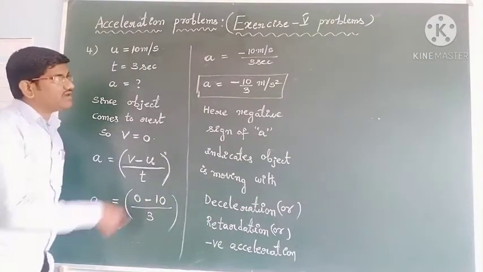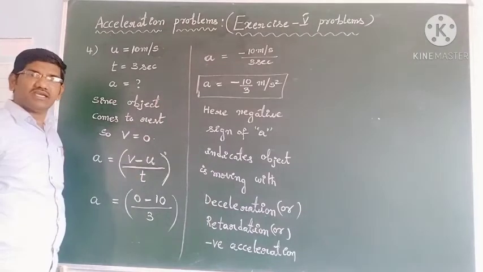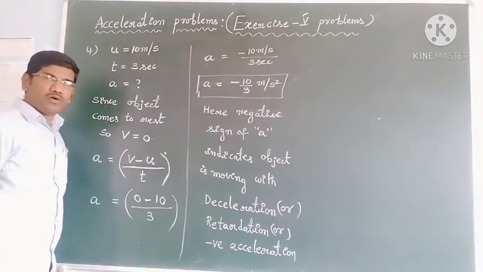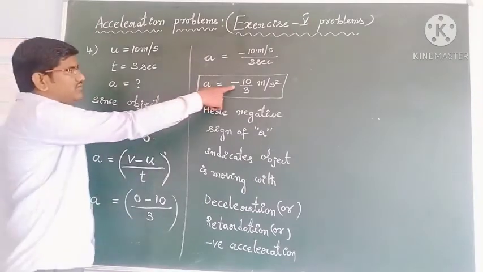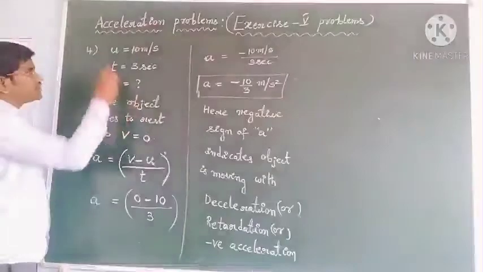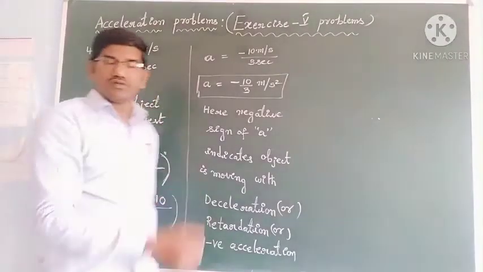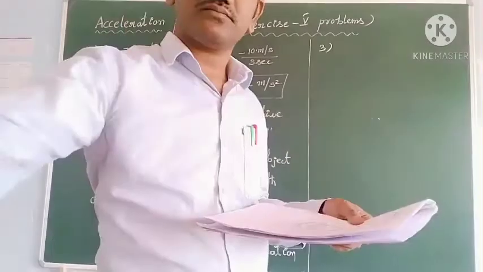So we are getting a as minus 10 by 3 meters per second square. Negative acceleration indicates speed is decreasing: 10 meters per second to 0 meters per second.